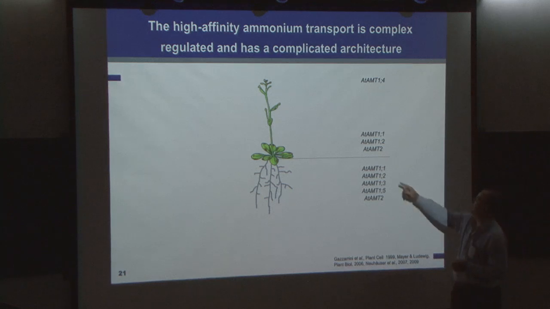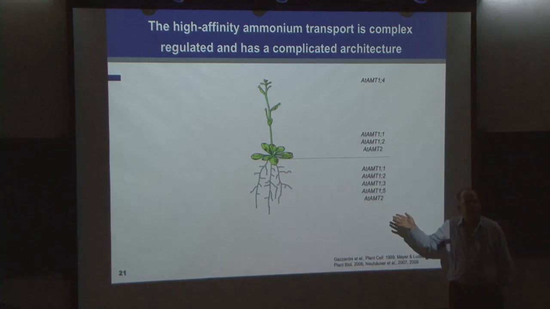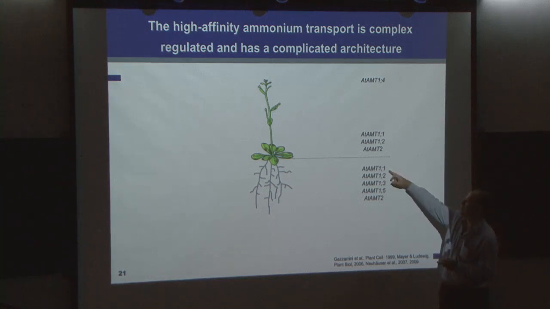AMT1 transporters: AMT1.1, 1.2, 1.3, 1.4, and 1.5. In Arabidopsis, we have overall six ammonium transporters, AMT1.1 to 1.5 and AMT2, so in total six ammonium transporters. Five of them are expressed in the root. And using Arabidopsis, we can relatively easily identify knockout mutants for individual genes, for example for AMT1.1.